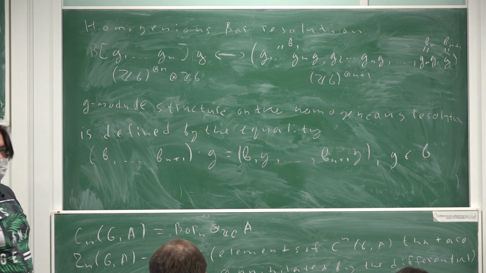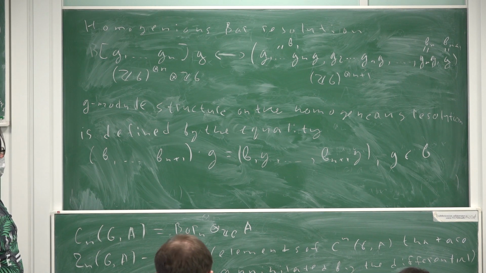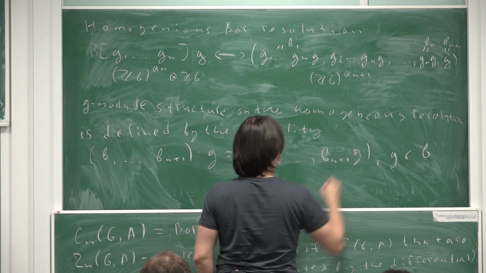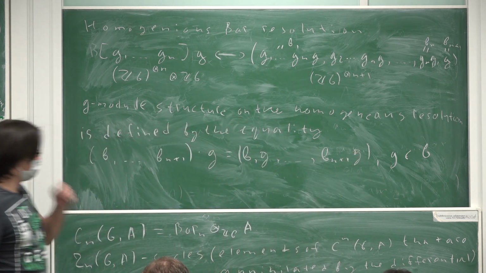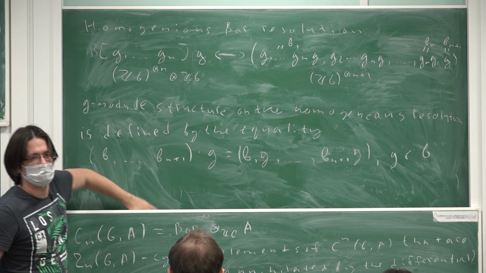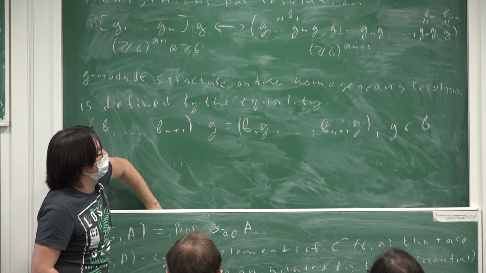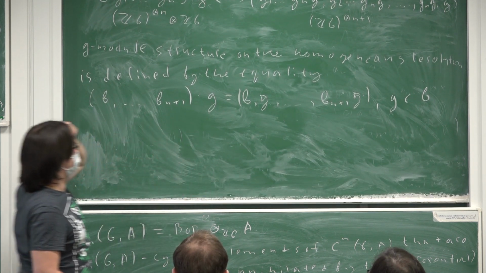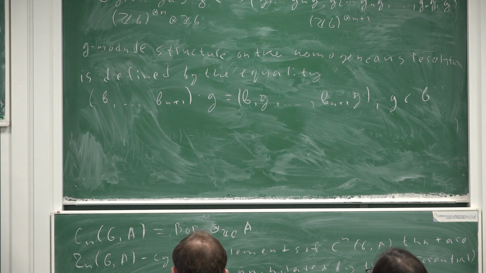And b1, so on, bn plus 1 are from G, so it is a Z module with this basis.